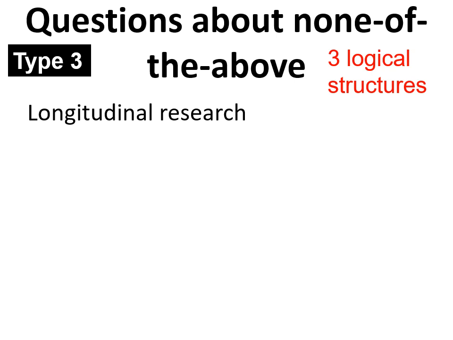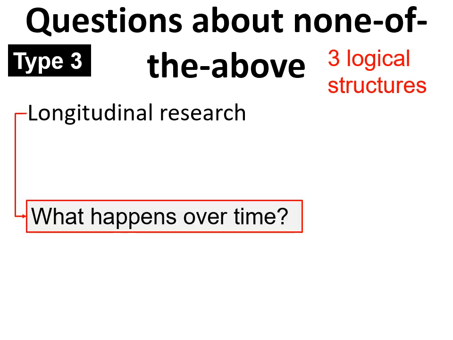But the main point about longitudinal research is that you have one thing or a couple of things you're interested in, and you repeatedly measure those over time and observe changes over time. So longitudinal research is really about answering the question of what happens over time.